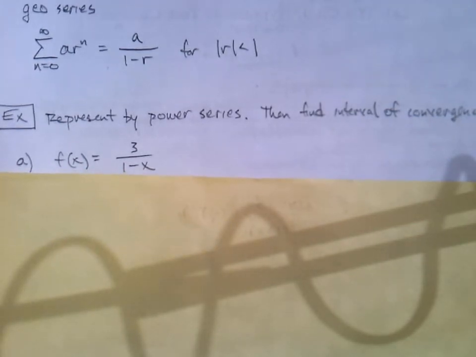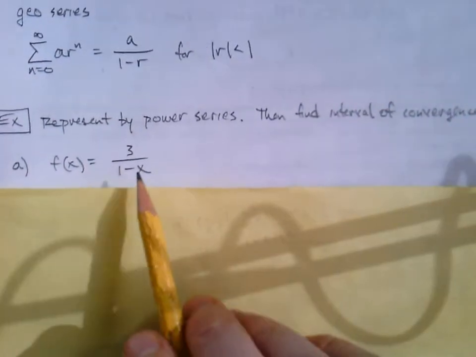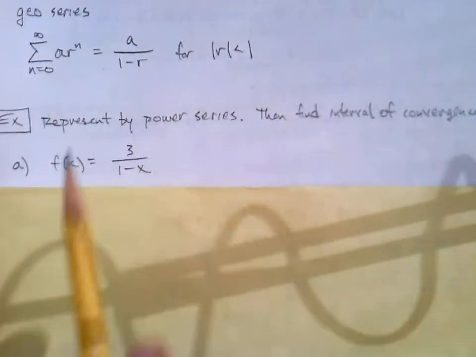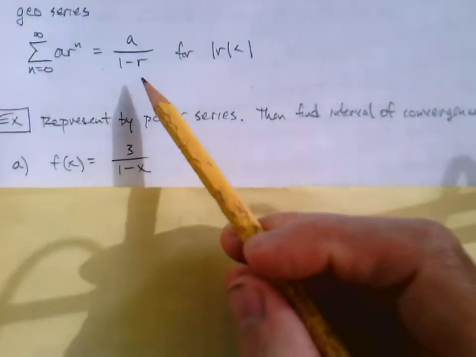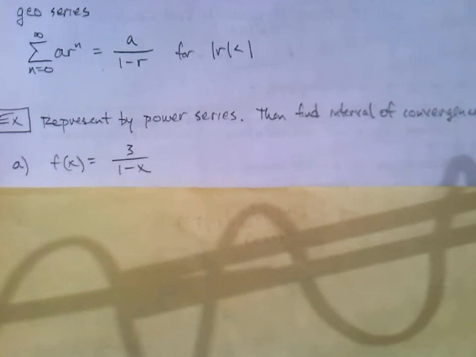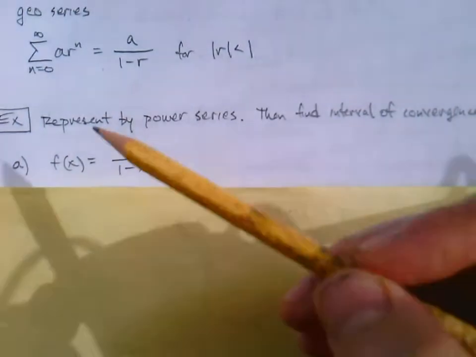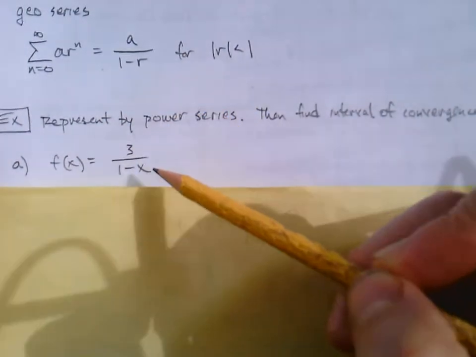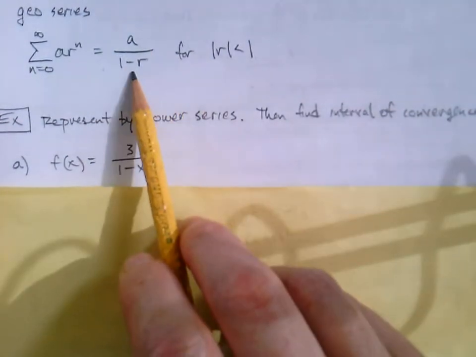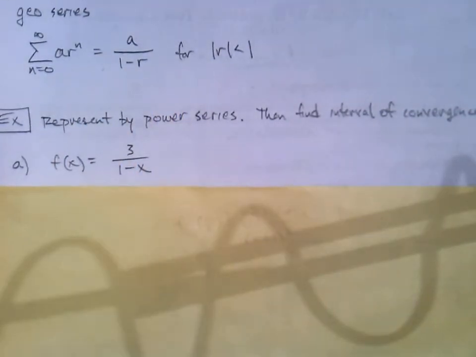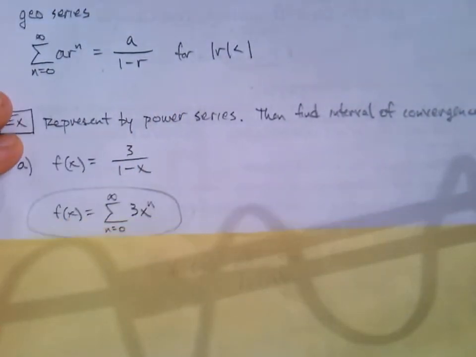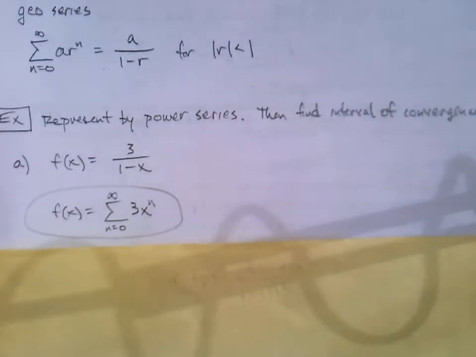Okay, so why is geometric series so helpful? That function looks very much like what the infinitely many terms in a geo series add up to, right? So we can see the a, we can see the r is x. Well, if these are equal, then we can just rewrite our f of x like this.